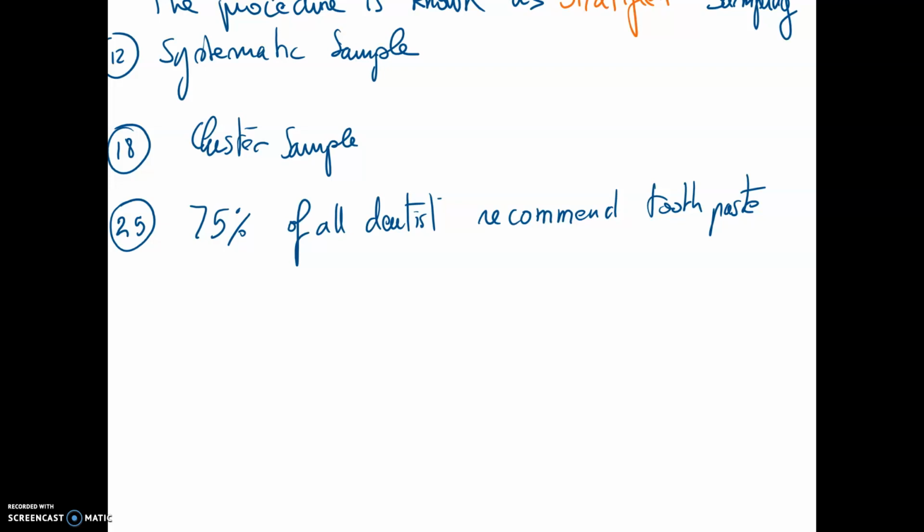Mainly the question is, because 75% of dentists recommend that toothpaste, does it mean that this toothpaste is better than the others?